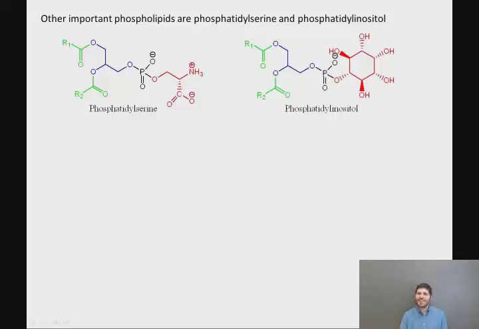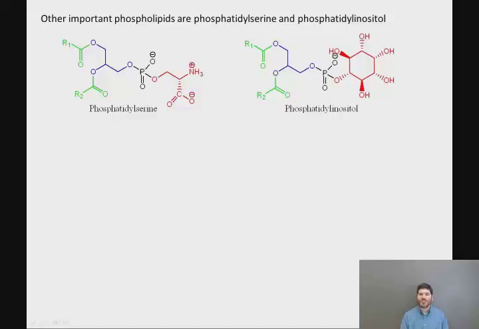Another important one is phosphatidylinositol. Again, green, blue, and black pieces are the same, but now instead of the amino acid serine, the alcohol piece is actually a molecule that is called myoinositol, which is cyclohexane with 6 OHs, so there's an OH on every carbon, and the stereochemistry shown, so having 2 of them up and the other 4 down, is why it's called myoinositol.